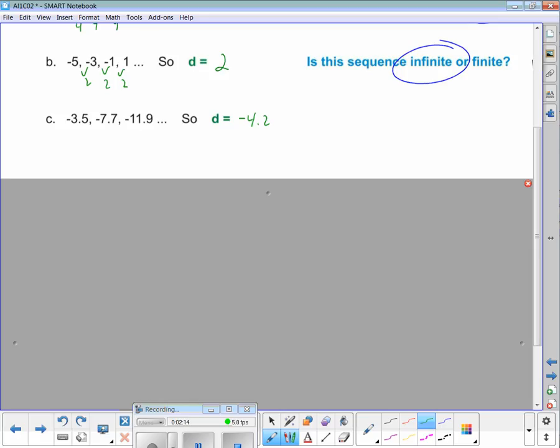Again, don't forget the first term is negative 3.5, the second, negative 7.7, the third, negative 11.9. If this were sequence A, what would be A sub 4? What would be A lowercase sub 4?